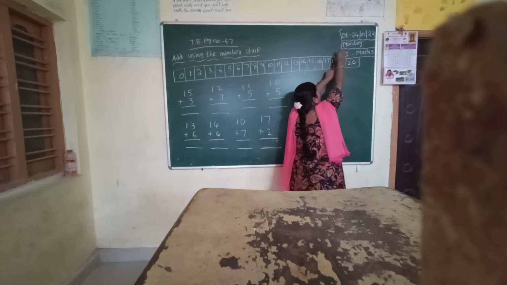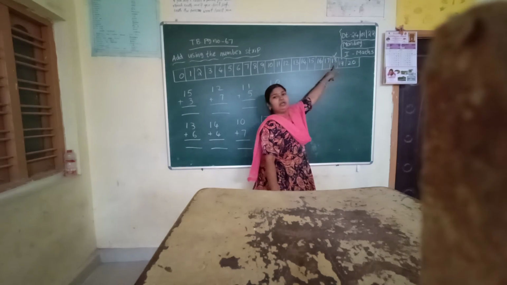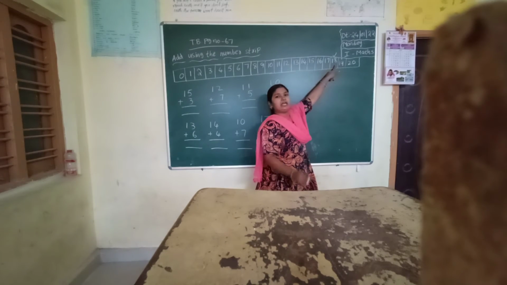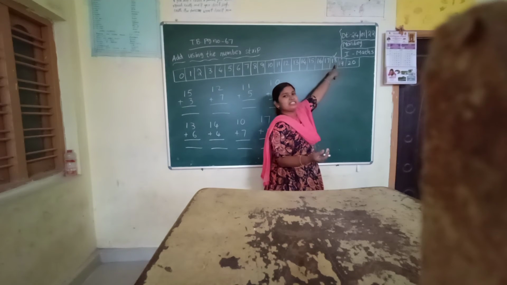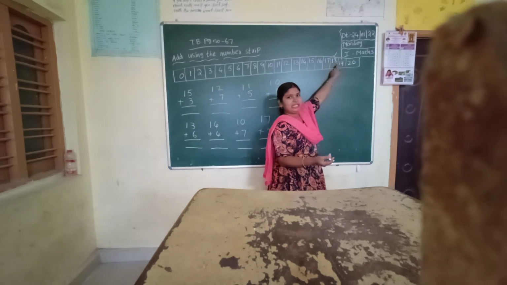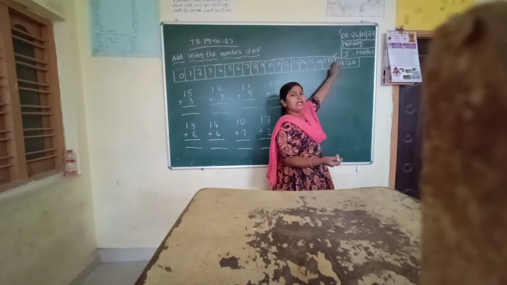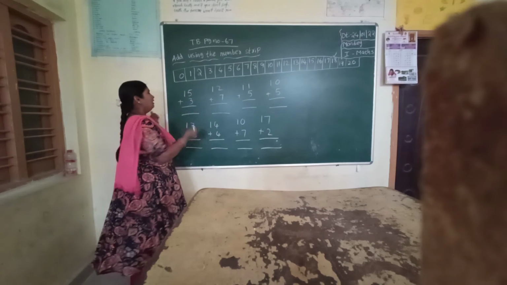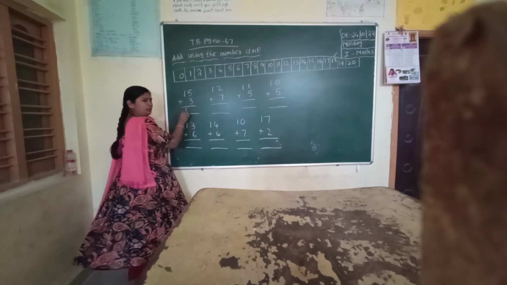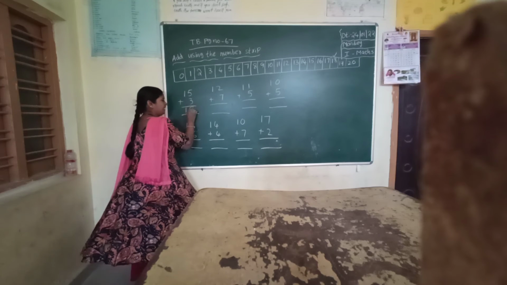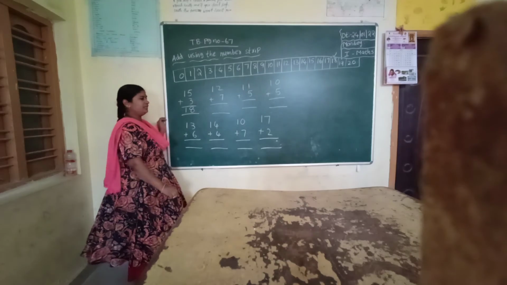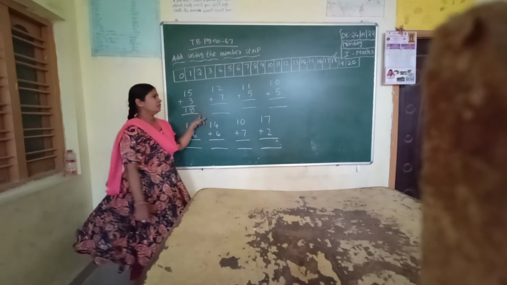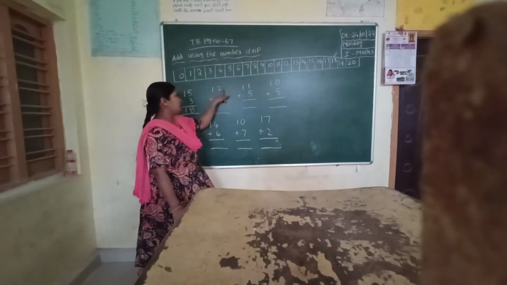Which number are you getting? 18. The number you get after counting 3 numbers is your answer. 18 is your answer. That 18 you have to write down here. 1 write in the tens place and 8 write in the ones place. It is 18. Okay, go for the next problem.